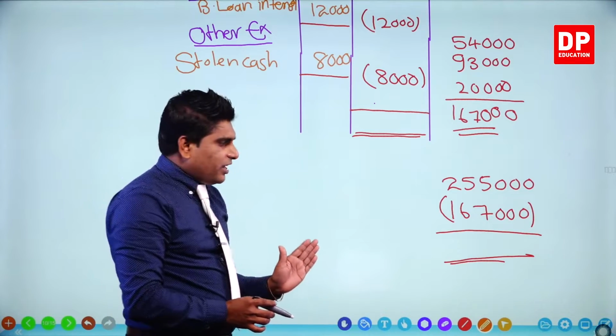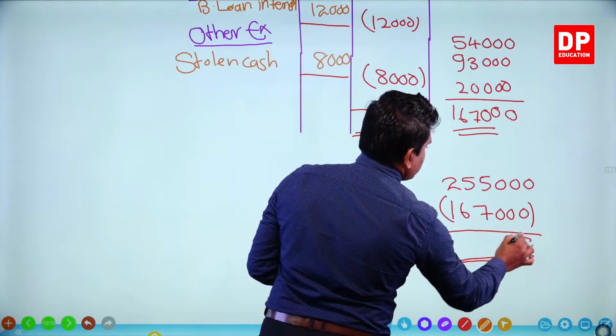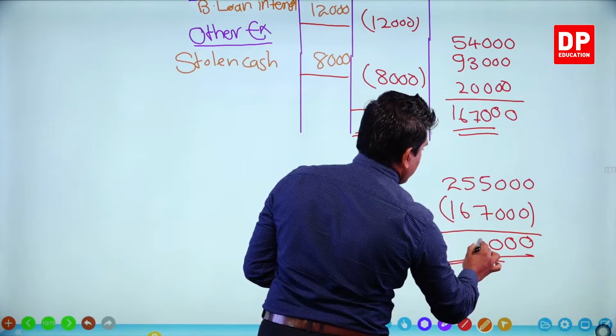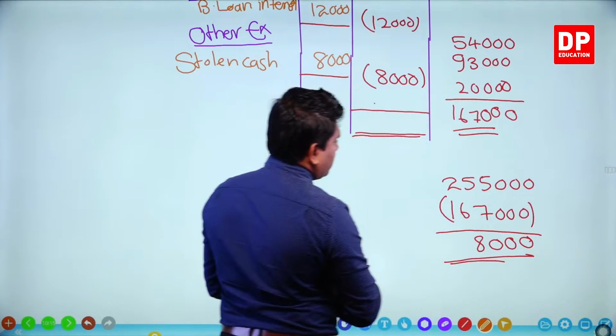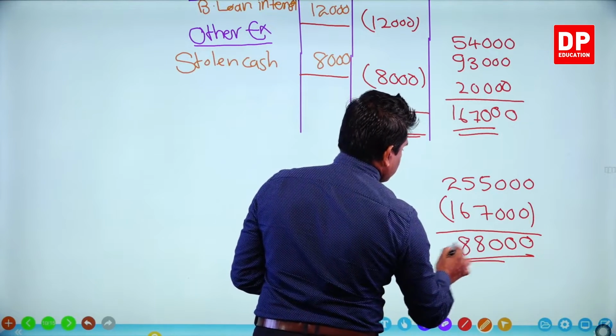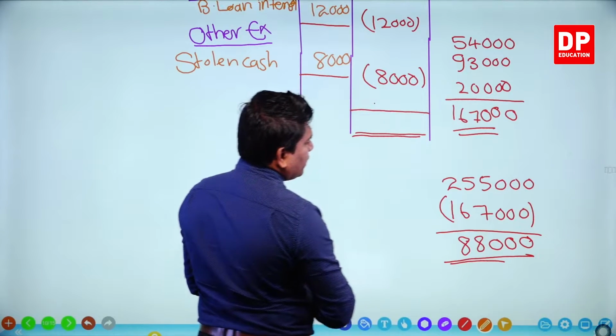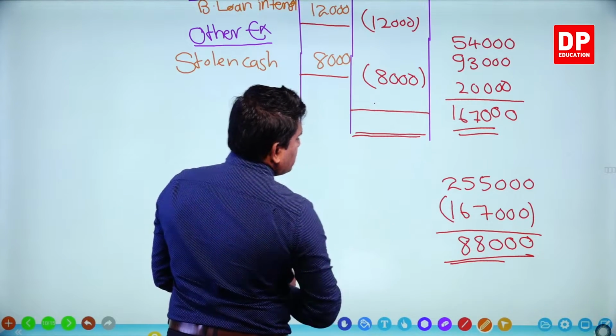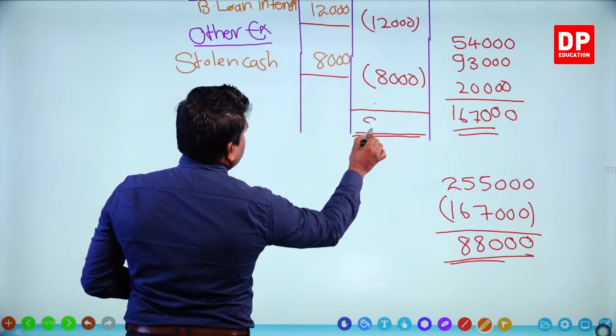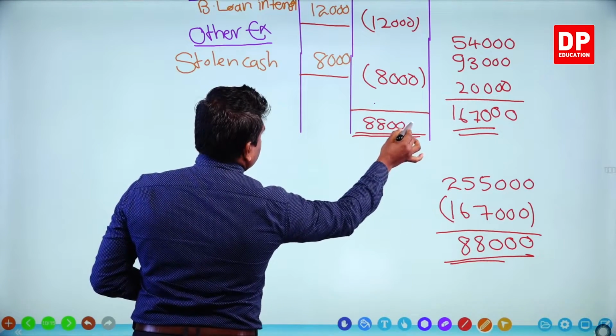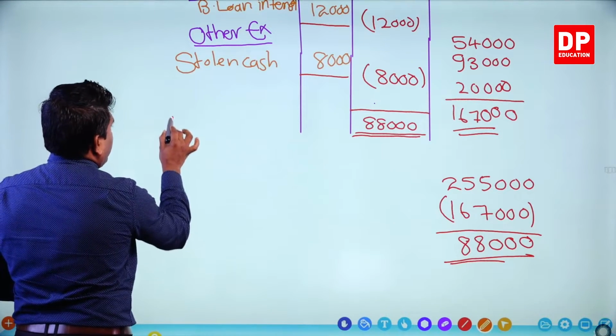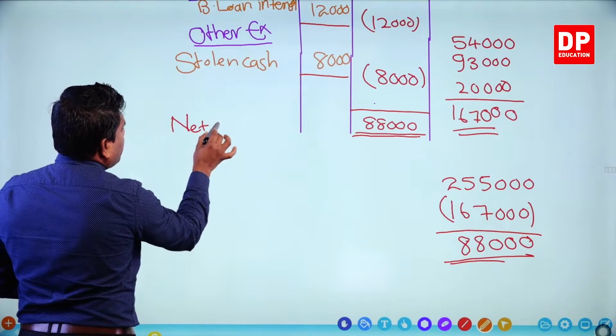Then you can see the net profit. Here 0, 0, 0, 8. Here also 8. Then how much? Net profit is 88,000. In front of this, you can write net profit.